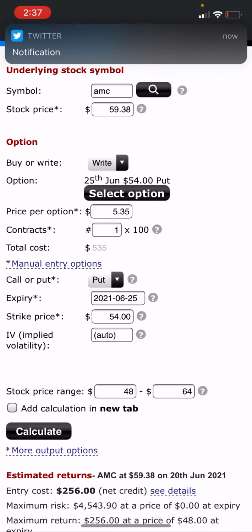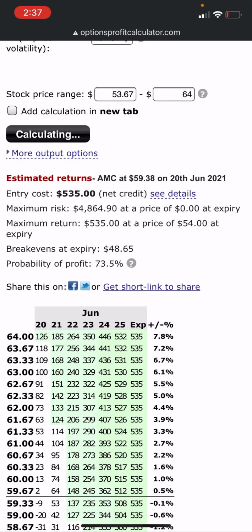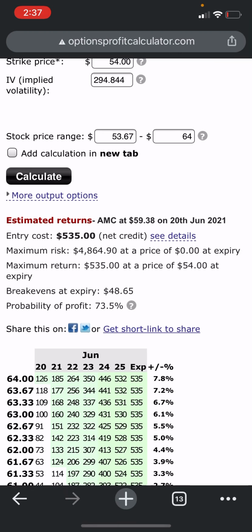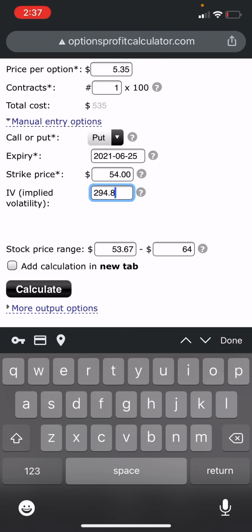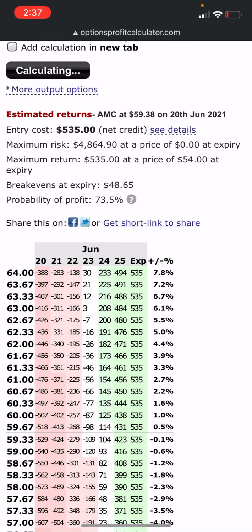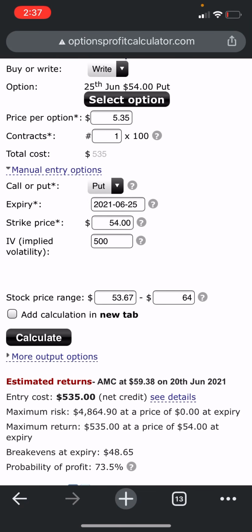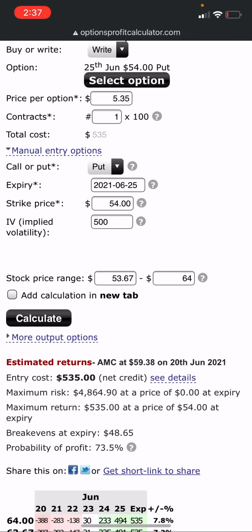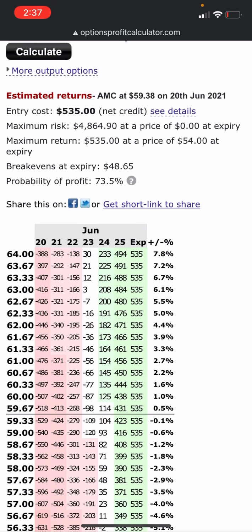Why is it not doing that? I don't know why. Okay, it's automatic. All right, if I were to change this to 500 IV, one second. Well, I think the reason is because I already put it in, and when I raise the IV, it kind of ruins the gains that I make.